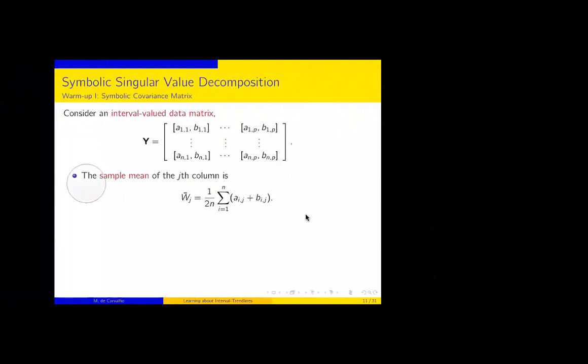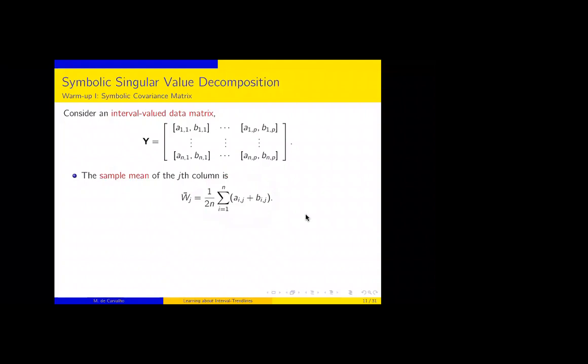Let's think about how we can compute elementary statistics about this object. It has been derived that the sample mean of the jth column is given by the following expression, whose intuition I'll comment on in a second.